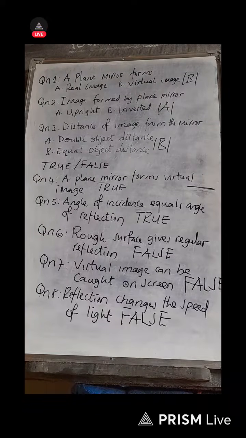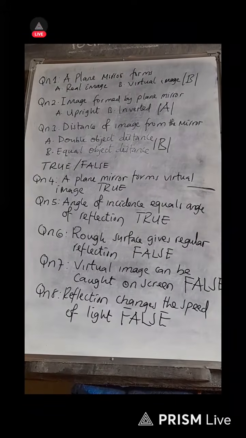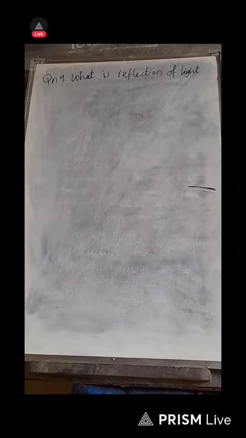The speed of light will not change, it will remain constant, because it hits the surface of the plane mirror and goes back again to the air medium, so it will not change at all. So that is a very important answer and question. Let's see more questions on how we can deal with these important materials.